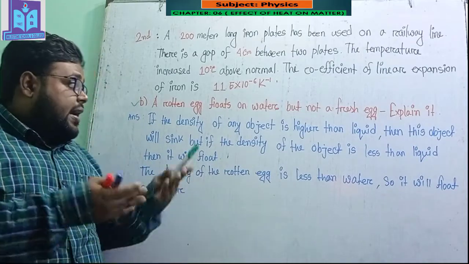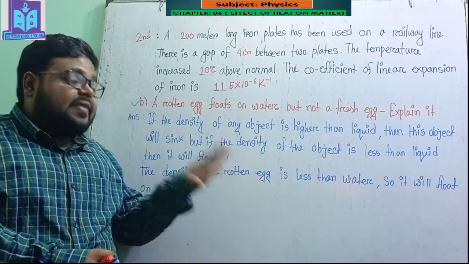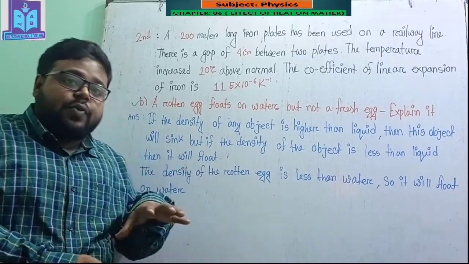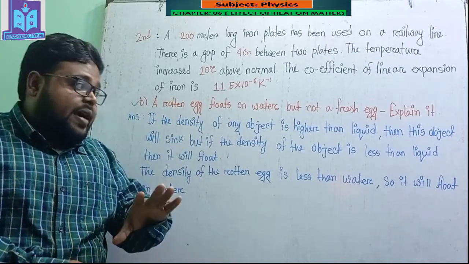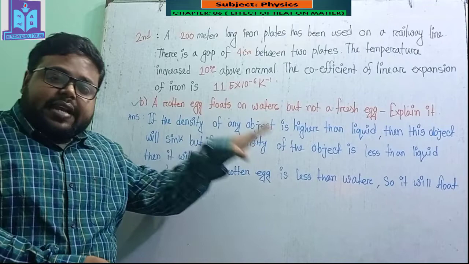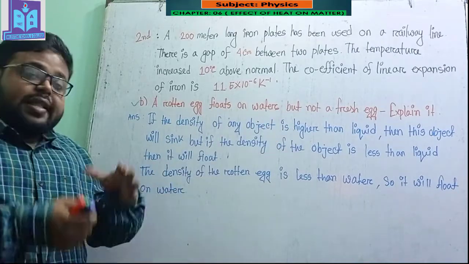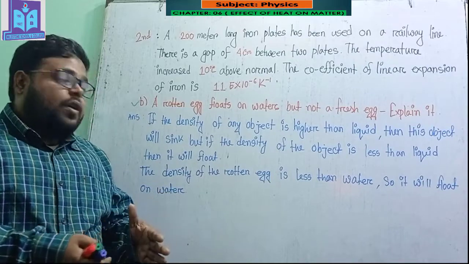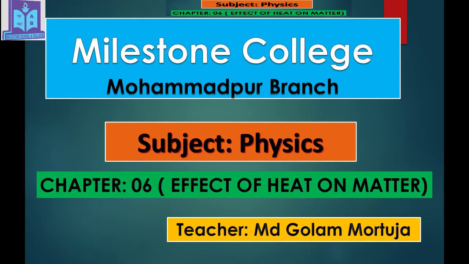Here the density of a rotten egg is less than the water, and that's why a rotten egg floats on water. But the density of a fresh egg is higher than the liquid, that's why a fresh egg doesn't float in water.